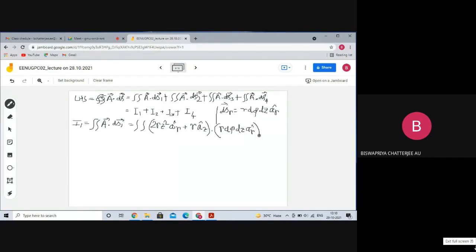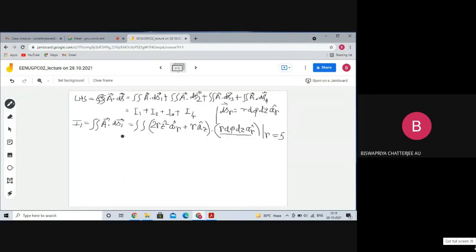Now to integrate this expression, you need to place the limits. This is a constant R surface. What is the value of R? As I already told you, R is equal to 5, so you can straight away write 5. The two other variables are d phi and dz.